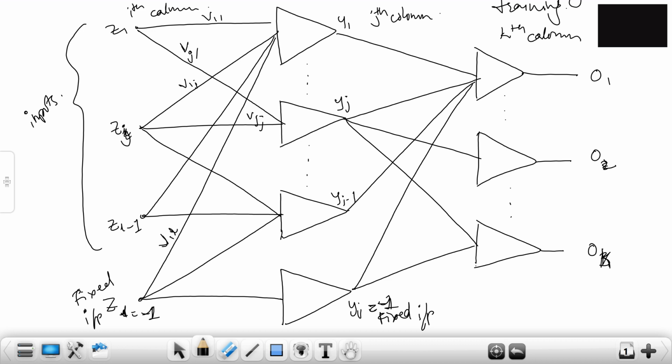V1L. So similarly we can have the other ones also. We can call this VJL. So these are the weights from the input to the hidden layer.